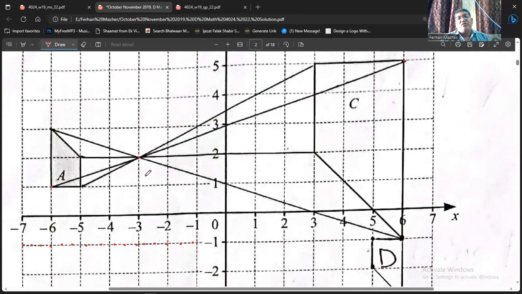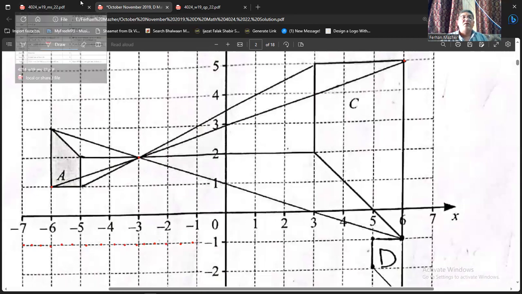And if you want to find the scale factor, I can tell you the scale factor is negative. Why is it negative? If the center of enlargement is between the image and the object, then the scale factor is negative. For example, take this side. This is the side in the object. It's 1. And what is the same side in the image? That is 3. So the scale factor will be the image length divided by the object length, that will be 3 by 1.